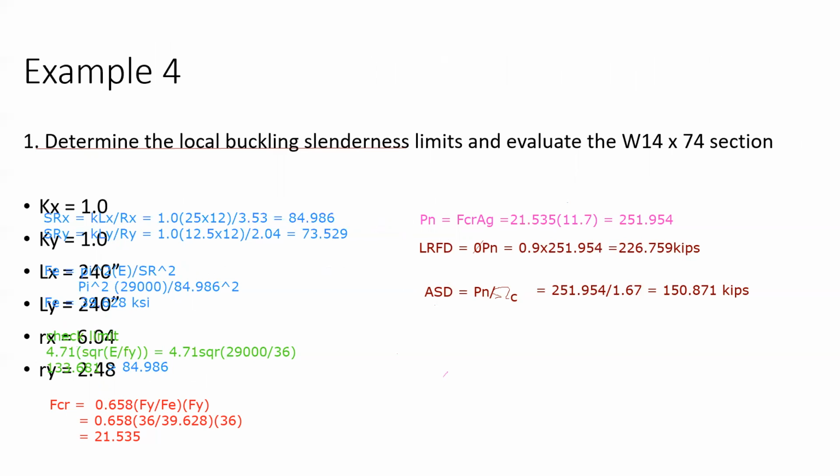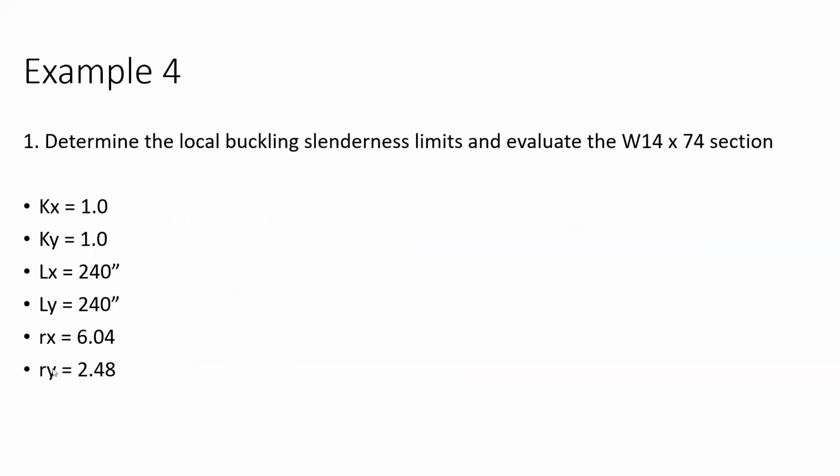Determine the local buckling and slenderness for a W14 by 74 section given K, Ky, Lx, Ly, and rx, ry. Okay? So, again, let's check the slenderness ratio.